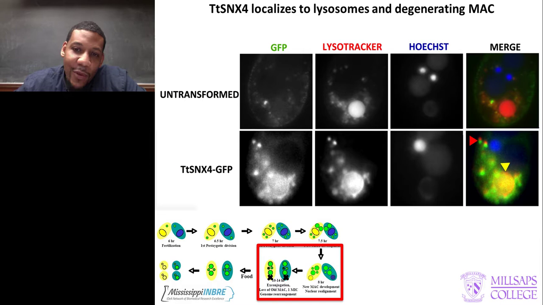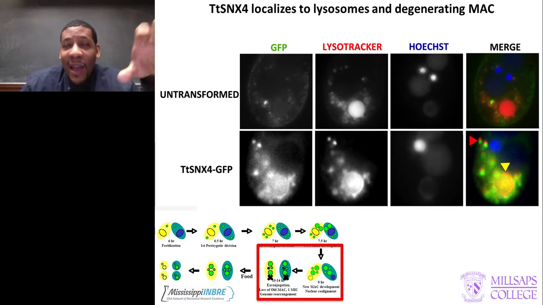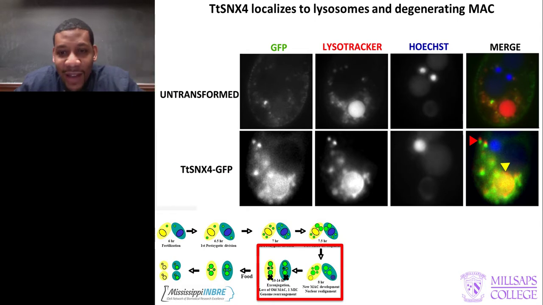Interestingly, we see some lysosomes, okay, that are just adjacent to some GFP positive vesicles, suggesting that SNX4 and the LysoTracker arrive independently at the nucleus, which would also be consistent with being autophagosomes.